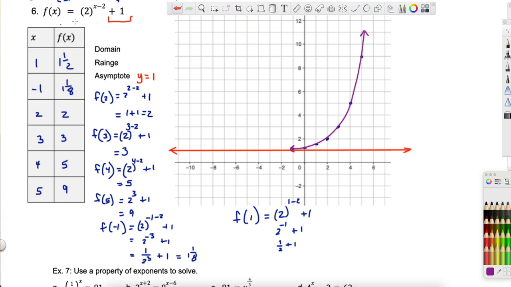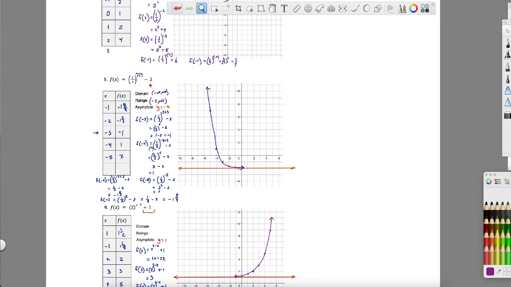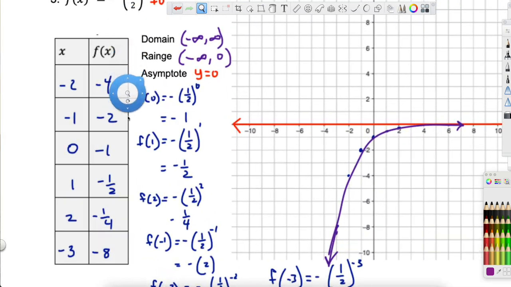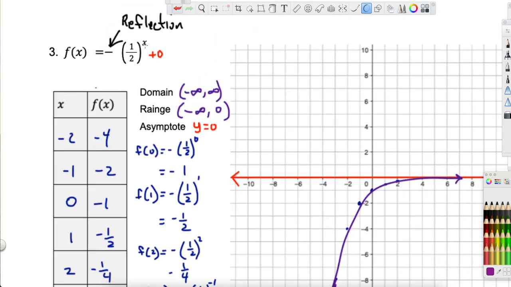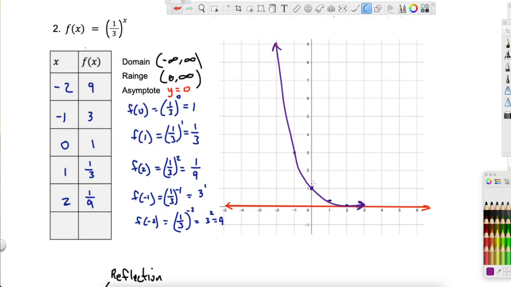One thing I want you to notice here is that normally when we did our other problems here, when we weren't adding or subtracting inside our exponent, 0 was always going to be where our anchor point was for x. 0 right there. Same with this one, 0 was our anchor point right there.